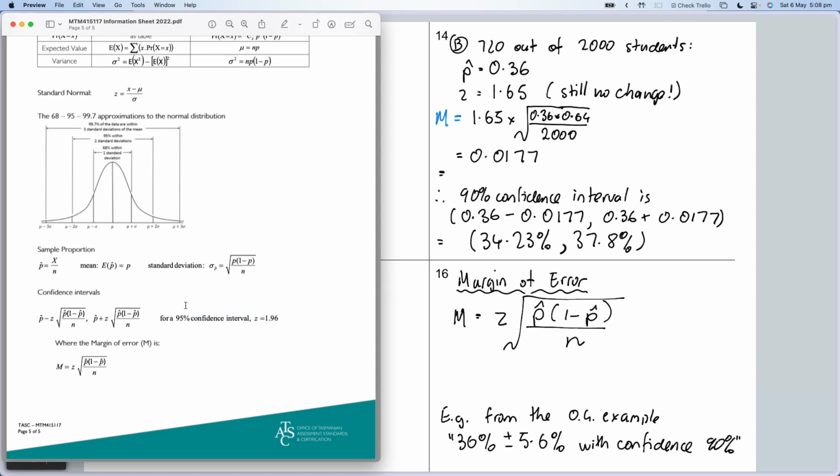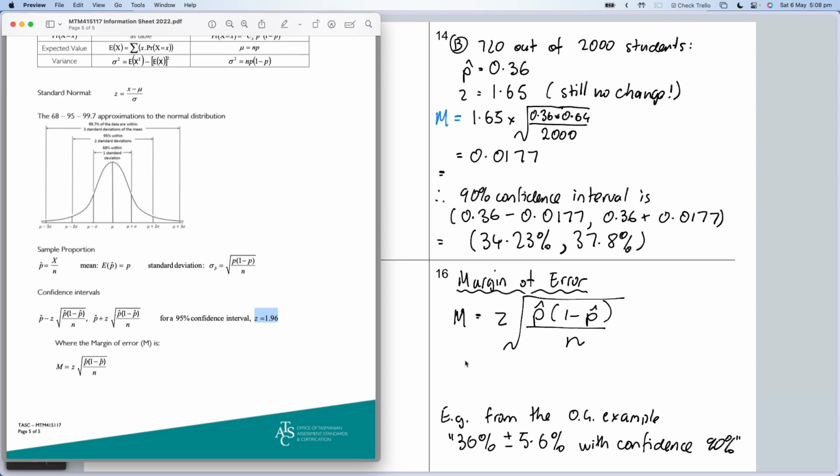So if the question is, what is the 95% confidence interval? You can skip that little bit of the step that works out the Z value, and you can straight away just put in Z equals 1.96, which is very cool.